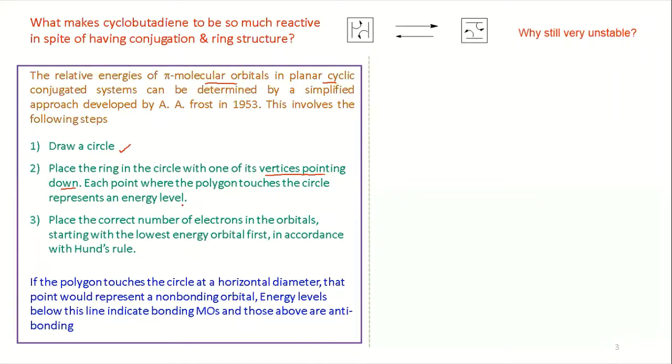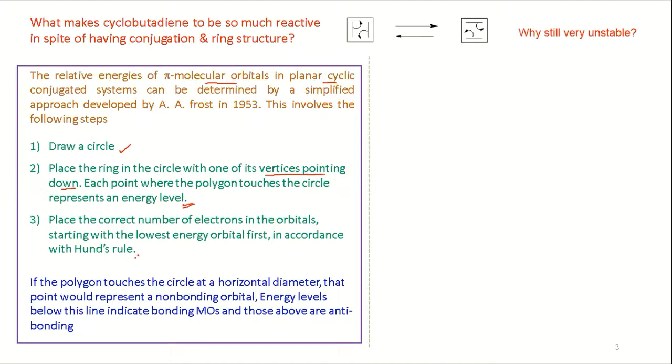You have to note this down. Then place the correct number of electrons in the orbitals. So you got the energy levels. Now you place the electrons according to Hund's rule. You first place the electrons in the ground state, the lower energy state, and then slowly increase the electron population to the higher energy levels.